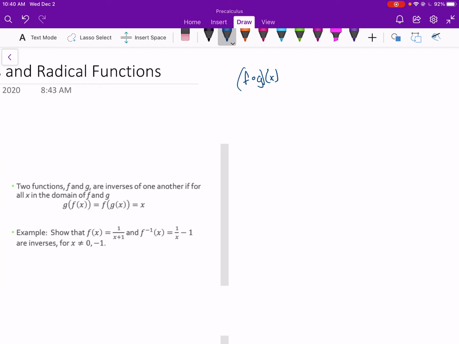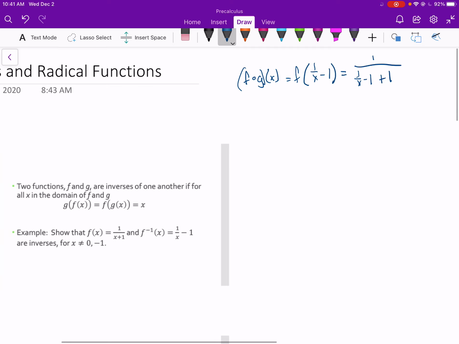That means we're doing f of 1 over x minus 1, which is 1 over, and then instead of x, we're going to have 1 over x minus 1, and then plus 1. Notice that minus 1 plus 1 cancels out, so now we have 1 over x, which is the same thing as 1 times x over 1, which is just x. So that worked pretty well.